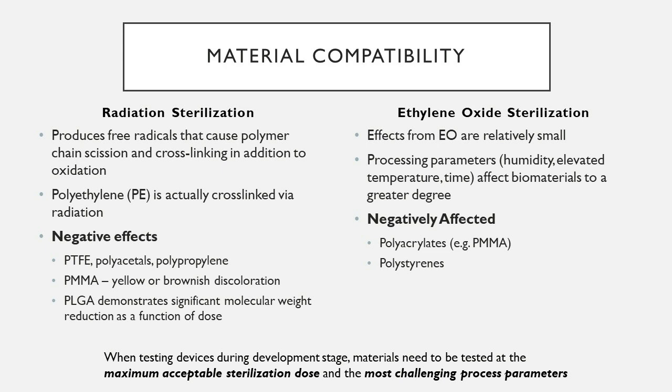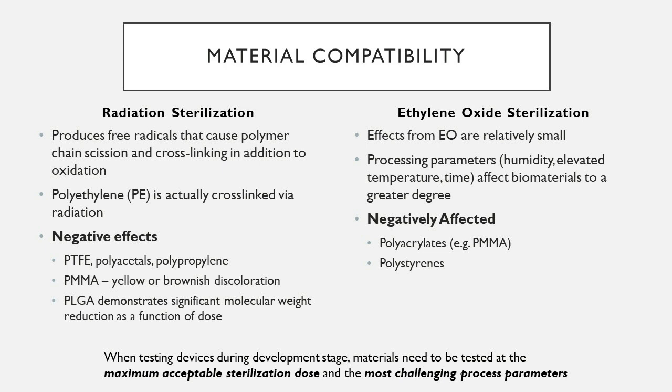So for instance, polyethylene, PE, is actually cross-linked through this process. So the polymer that you put into a package actually gets a higher molecular weight after you undergo the sterilization process. These kinds of changes, of course, can change the bulk properties of the material, likely in detrimental ways, since you've already validated that particular product at the benchtop and laboratory setting, and you're just trying to get it sterilized. You're not trying to optimize it further through this particular process.